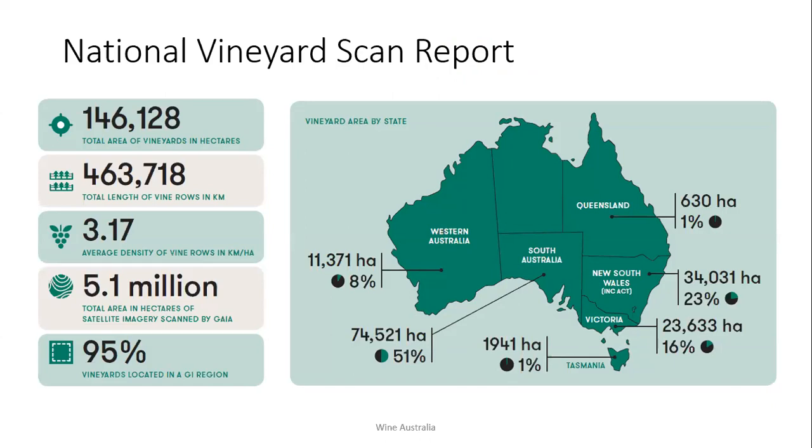So the methodologies are very different, but if you did compare them directly, that would suggest there's been about an additional 10,000 hectares planted since the last ABS report, which was in 2015, which would be consistent with anecdotal reports of some slow and steady planting in certain areas, offset by a few removals elsewhere.